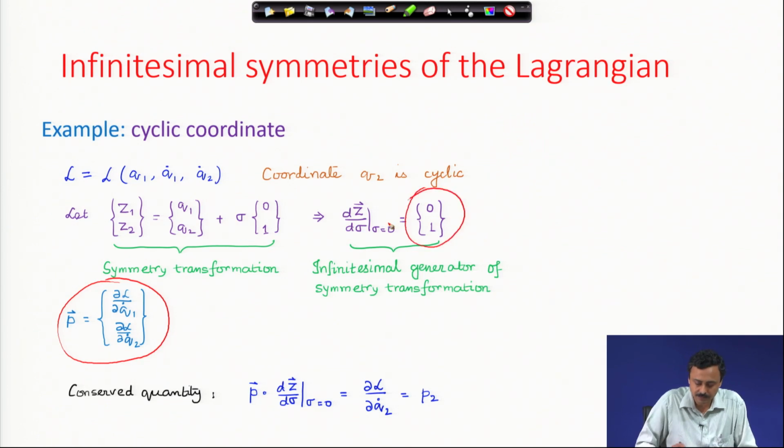So, this dot this will give you del L del q 2 dot, which is nothing but the momentum conjugate to q 2. This is the generalized momentum corresponding to the q 2 coordinate, and that is conserved, and that we know from cyclic coordinates. We know that the generalized momentum is a constant of motion.